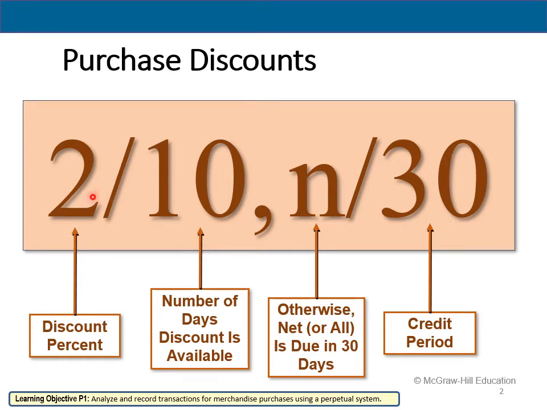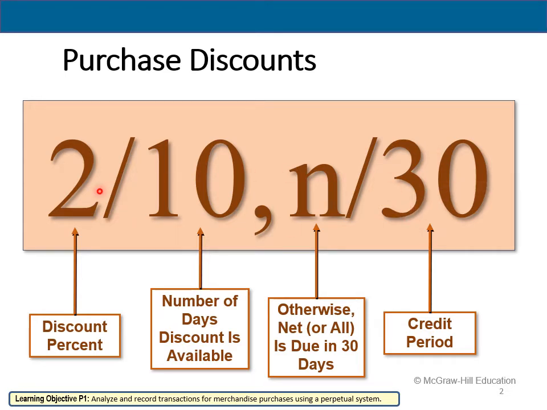So this is telling me that I am entitled to a 2% discount, or the customer is entitled to a 2% discount if they pay within 10 days of the invoice date. Outside of 10 days, the net amount, which is the invoice less any returns or allowances, is due within 30 days. So that's the way you read that.